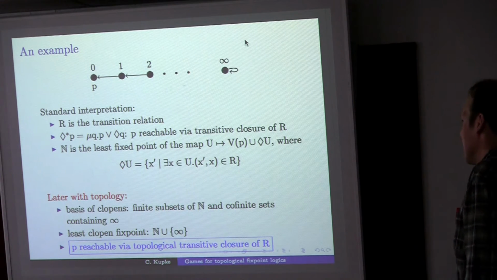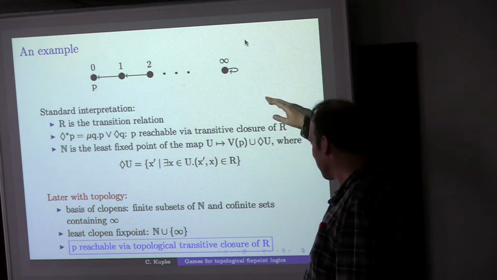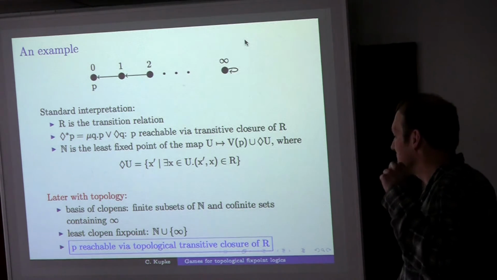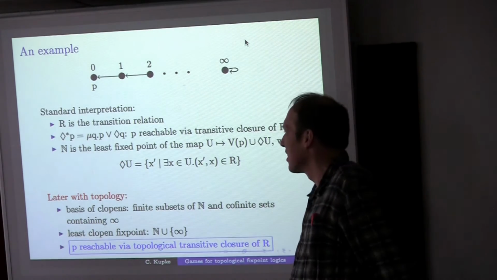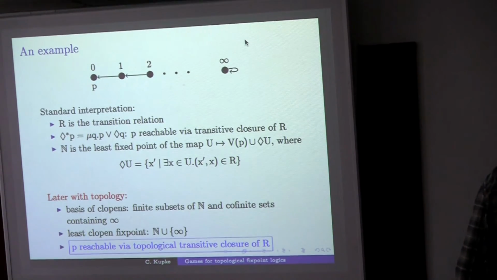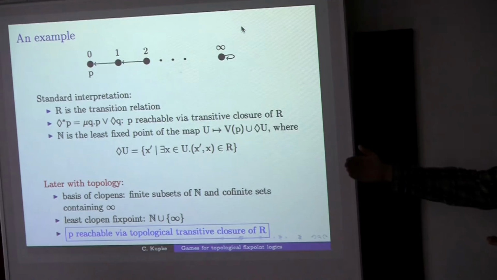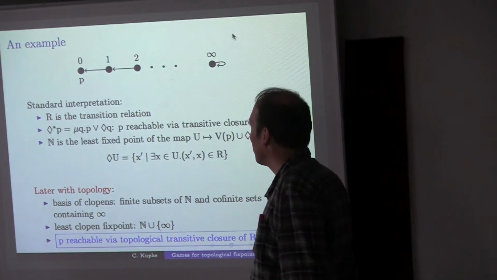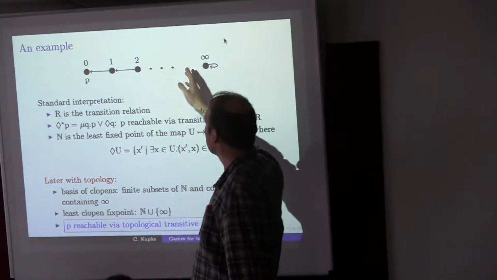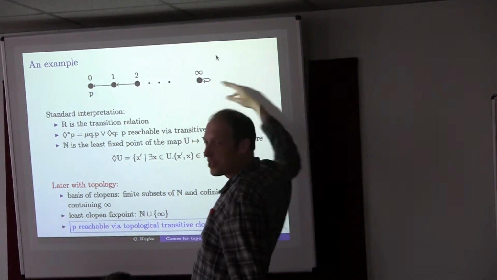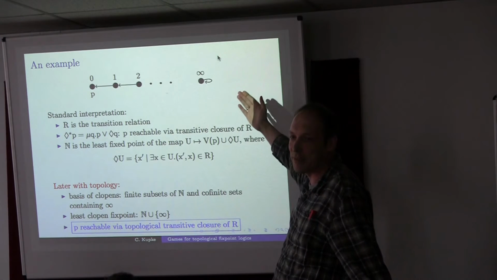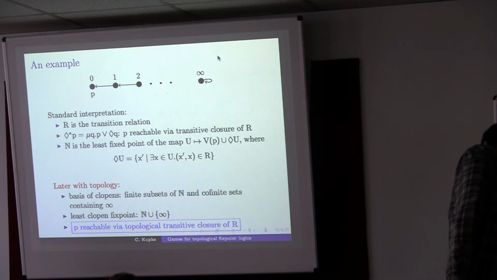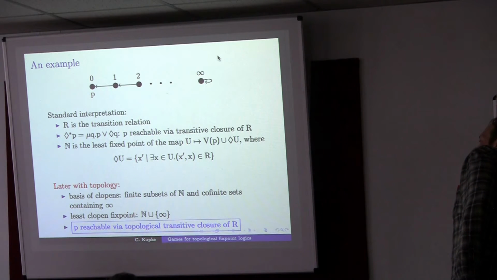And so the idea is here that this formula would then express that P is reachable via the topological transitive closure of R. So what we get is some kind of notion of reachability in the limit. The example is not very realistic, obviously, but if we can reach P from all the natural numbers, then we should also say that we can reach it from the limit.